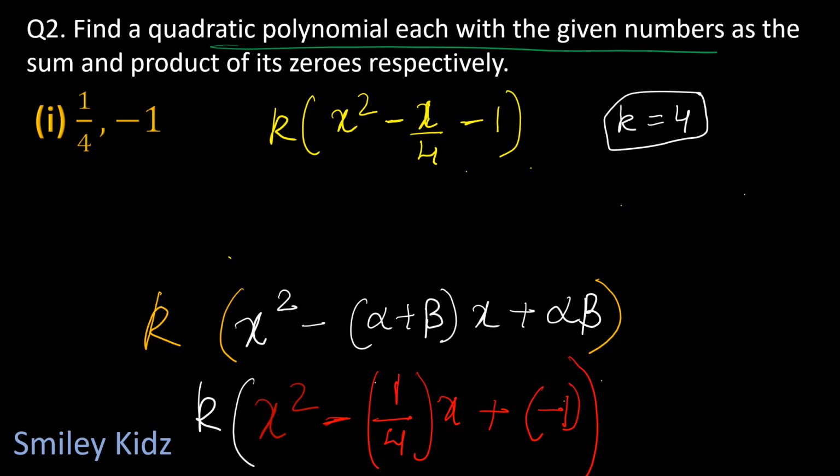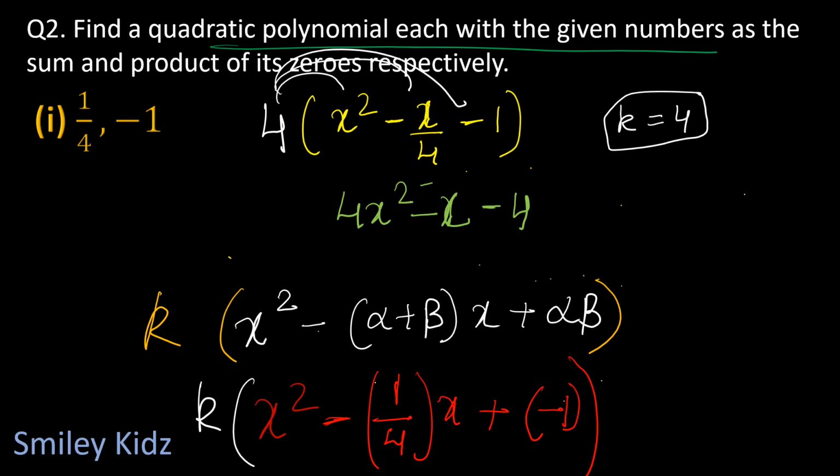So let's suppose k equals 4. So it's going to be 4x square minus x minus 4. We have multiplied this entire equation with 4. So 4 times x square is 4x square, minus 4 times x by 4 is going to be minus x, minus 4 times 1 is going to give you -4. So the required quadratic polynomial is 4x square minus x minus 4.